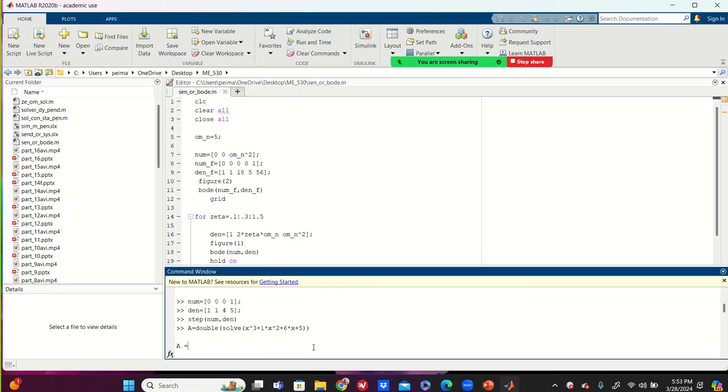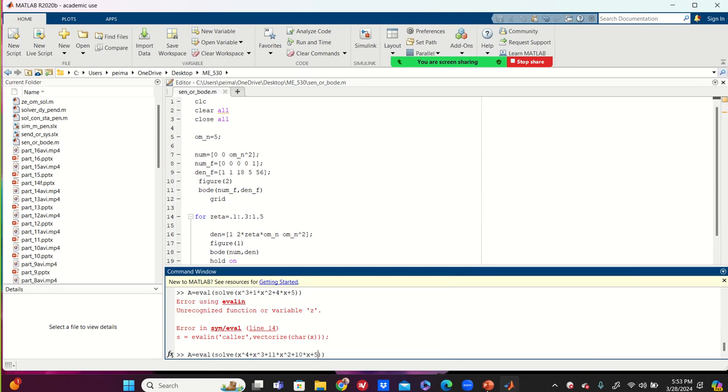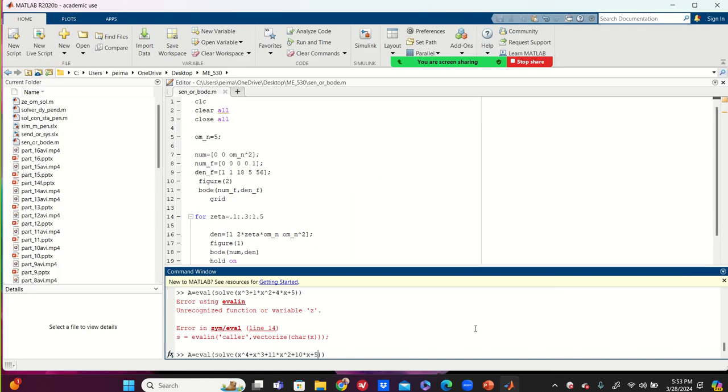So it's going to be x4 plus 1 plus 11 plus 10 and 5, right, everybody? 1, 1, 11, 10 and 5. And obviously double.